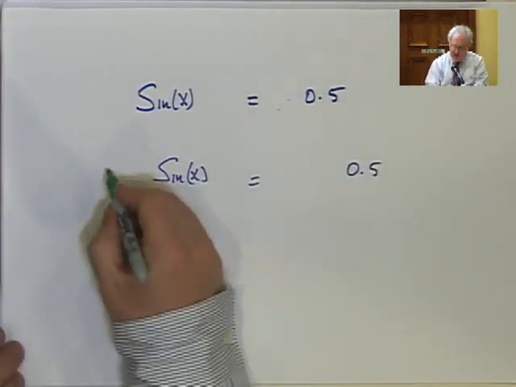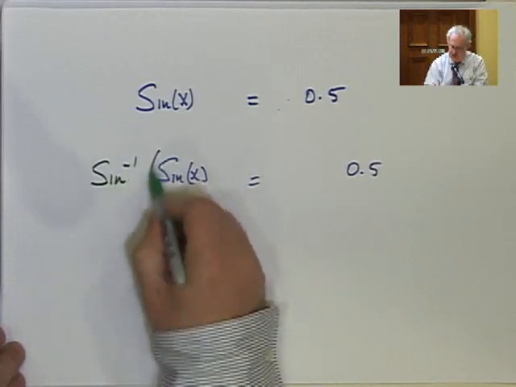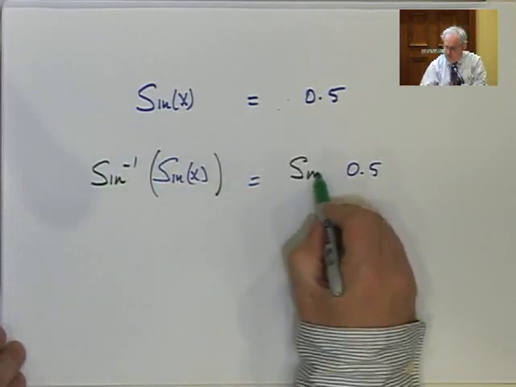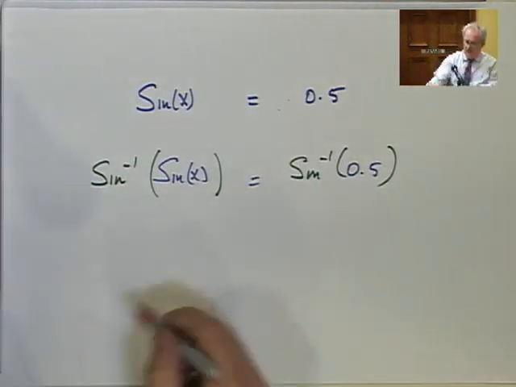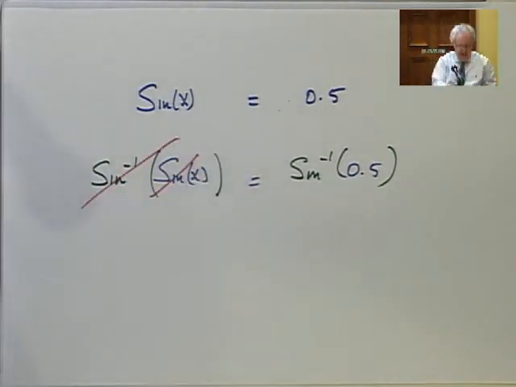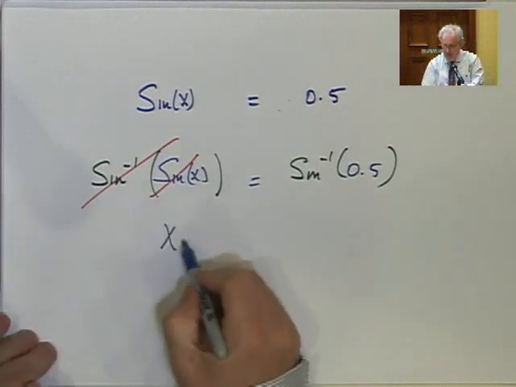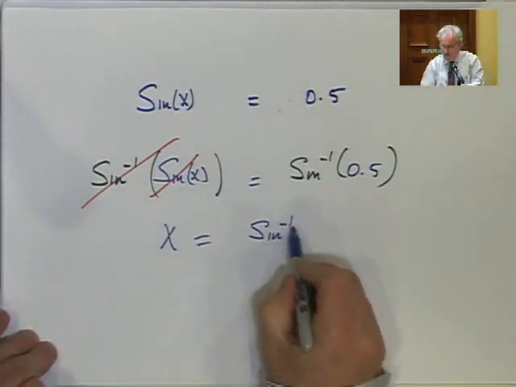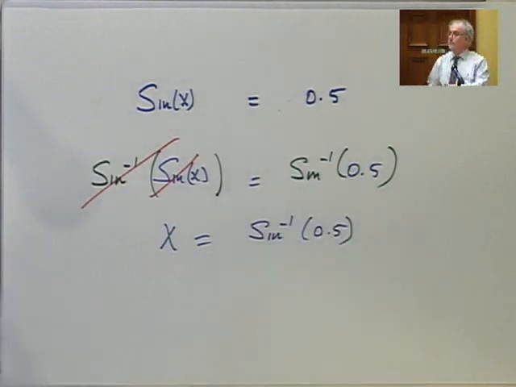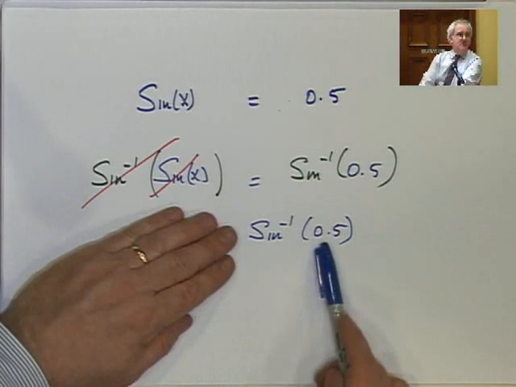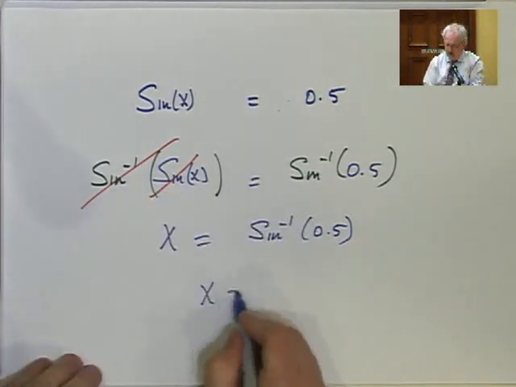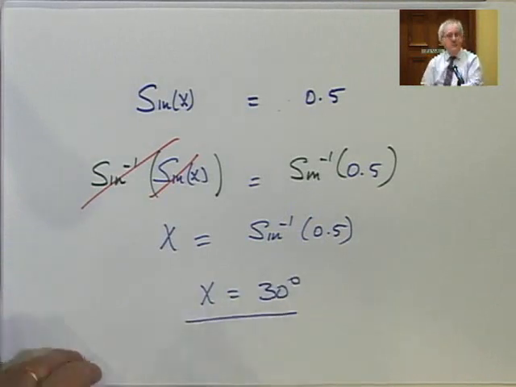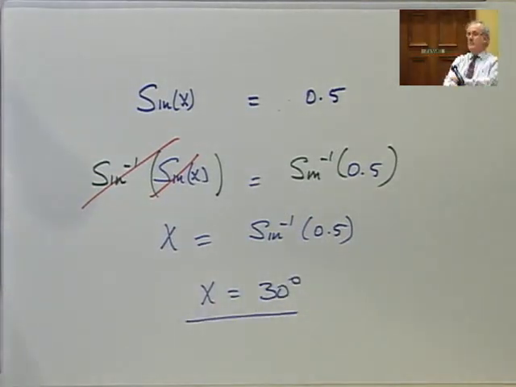If I took the inverse sine of this, I'd have to take the inverse sine of this. And what would happen? I'd be left with x equals inverse sine of 0.5. Now, these are just numbers. 0.5, inverse sine, x is 30, if you have the degree button on. Is that okay?